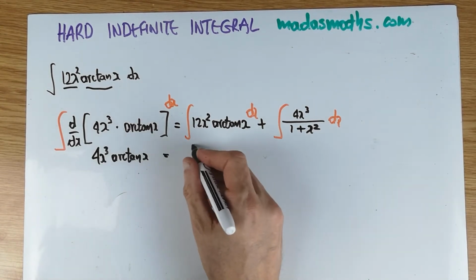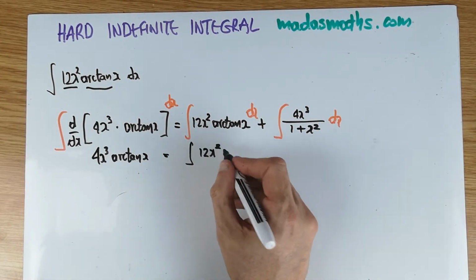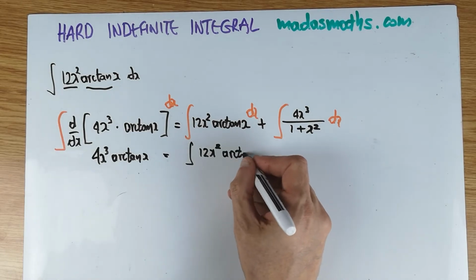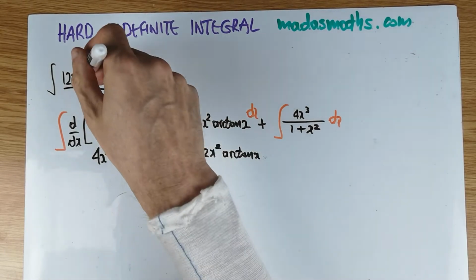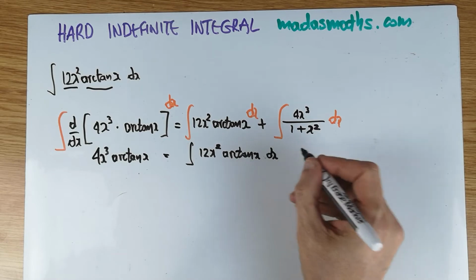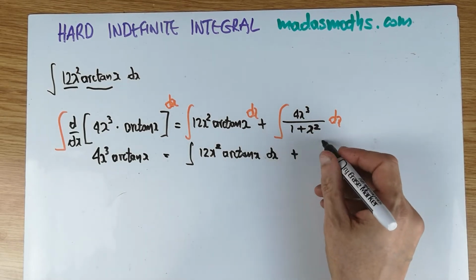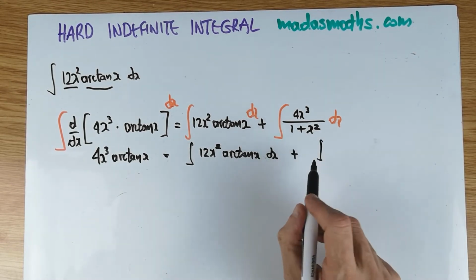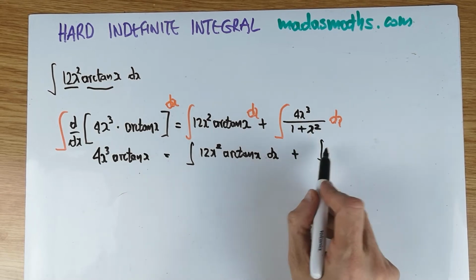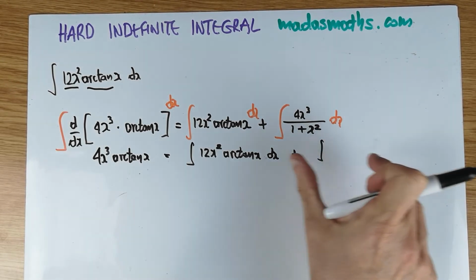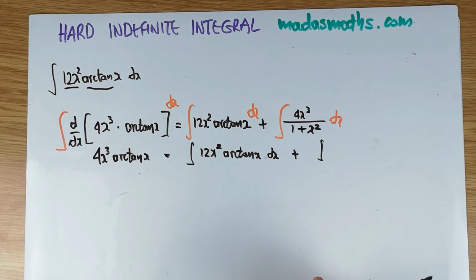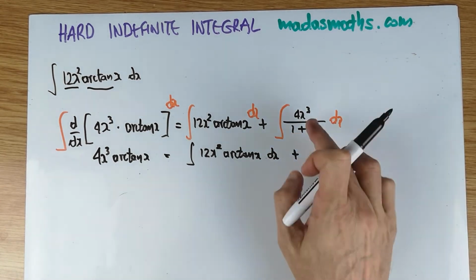Equal to 12x squared, and that was the rationale of what I've just done, which of course now my integral is appearing up there. But of course I have another integral to do here, and so long as I can integrate that, I get an expression for this which I can move to the other side, to the left, and I'm done. So the question is now, how do I integrate that?